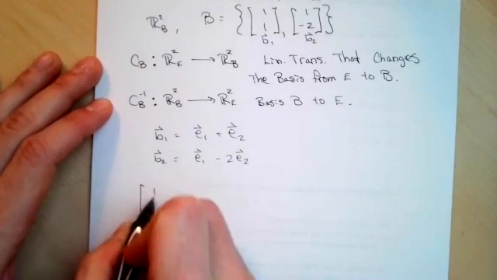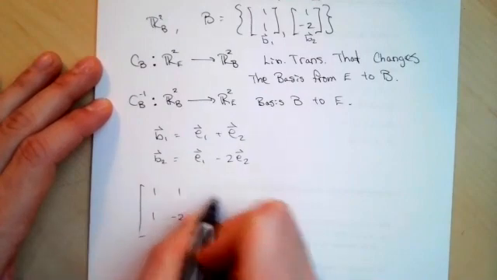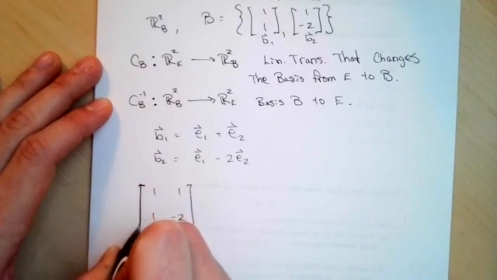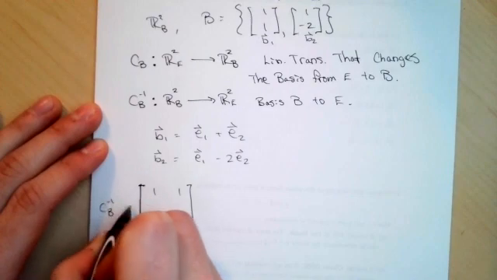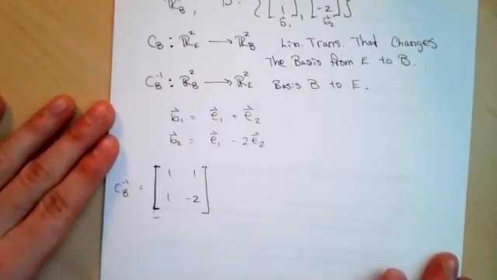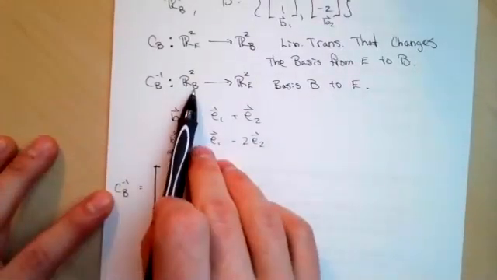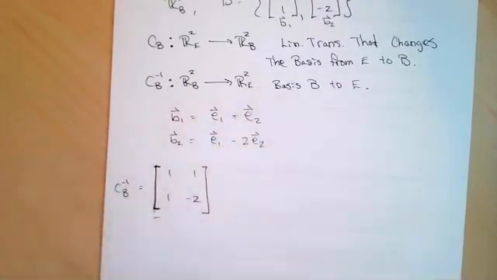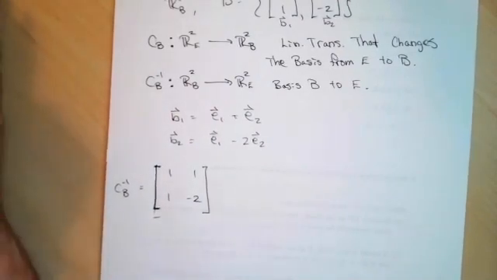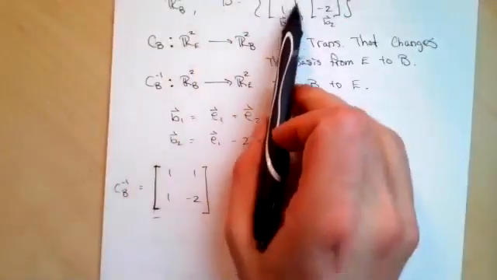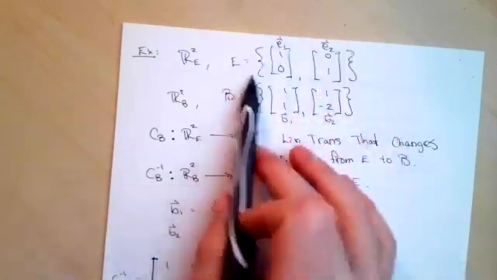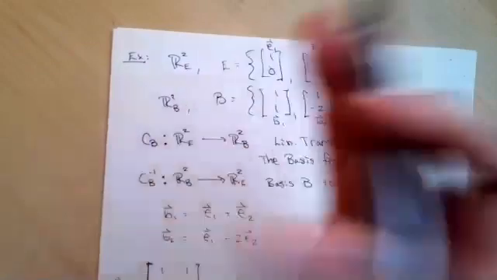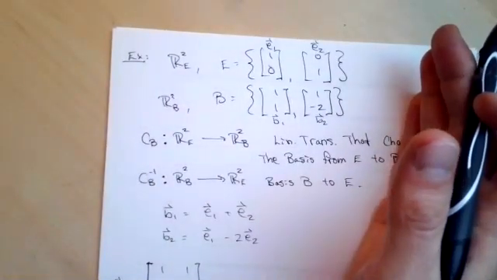And when we write things like 1, 1, 1, -2, and create this matrix, the reason why it corresponds to changing the basis B to the basis E is that you want to think of both where we are starting and where we are landing. Since we have B written in terms of these basis vectors E, this is where we end up. It's the final information that we're given.